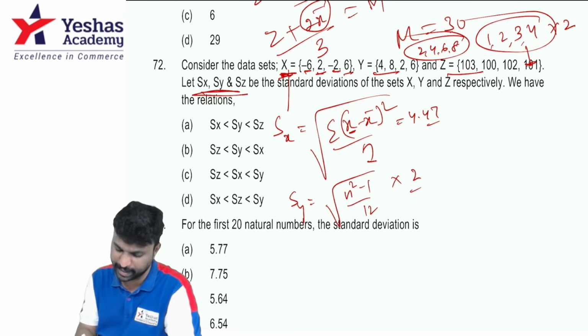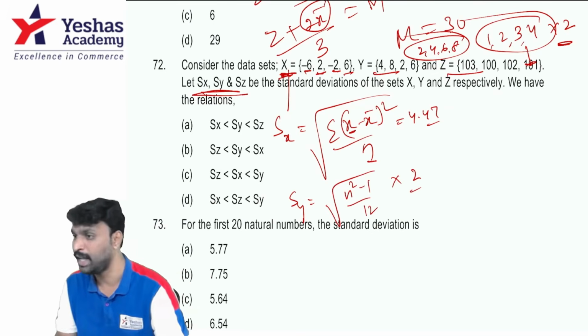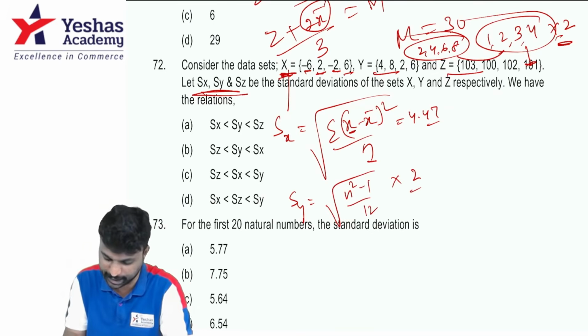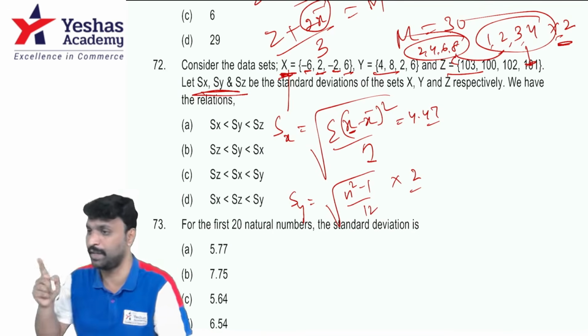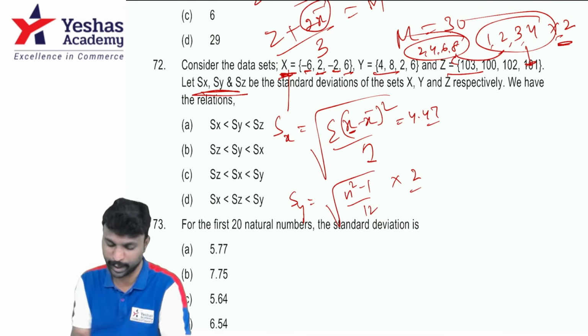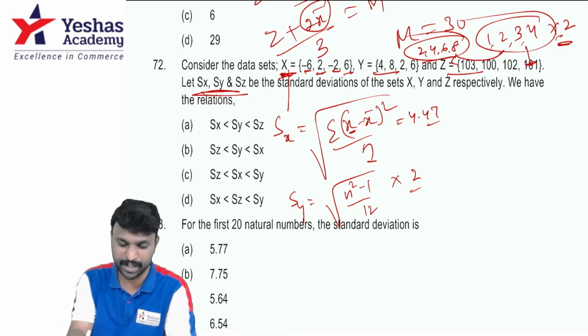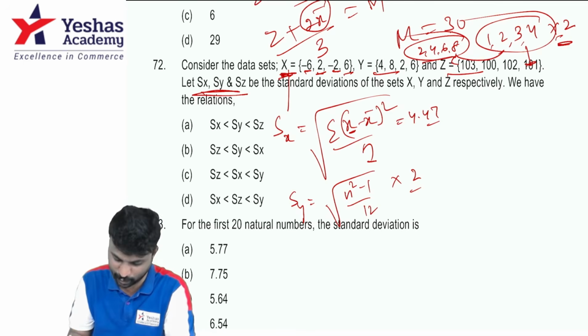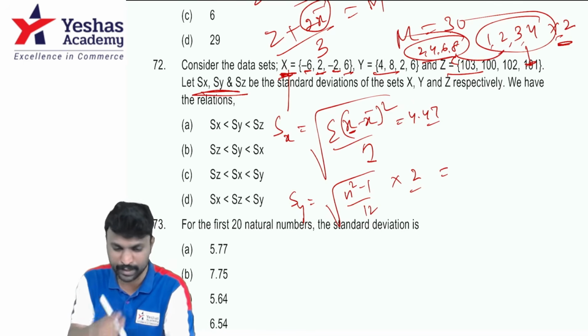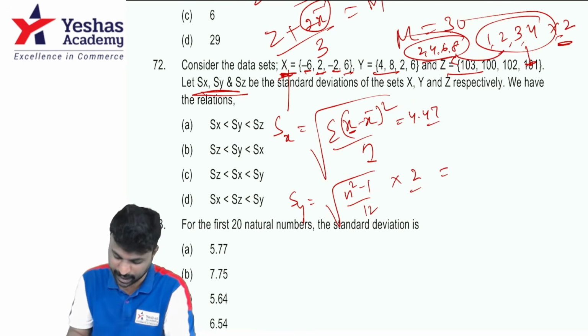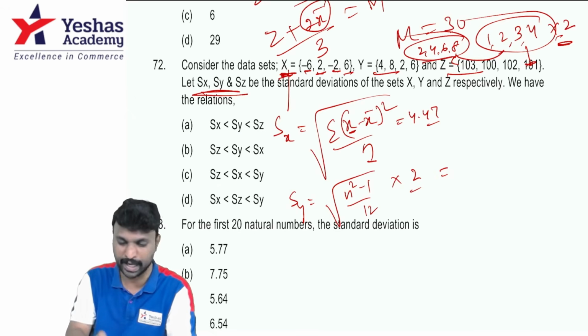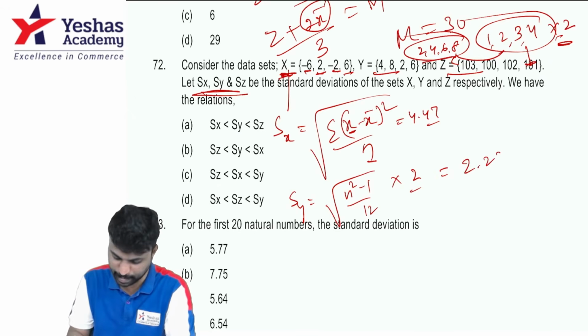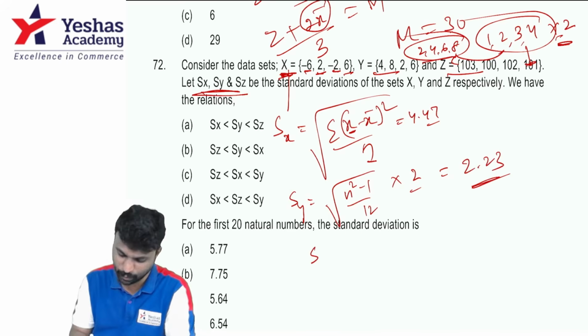I have to multiply this with 2 because it's a change of scale. To get these values, 1, 2, 3, 4 have to be multiplied by 2. Then only I get 2, 4, 6, 8. So n is 4. 4 square is 16 minus 1 divided by 12, press equal to, press the root. I get the value of Sy as 1.118 into 2, which is 2.23.